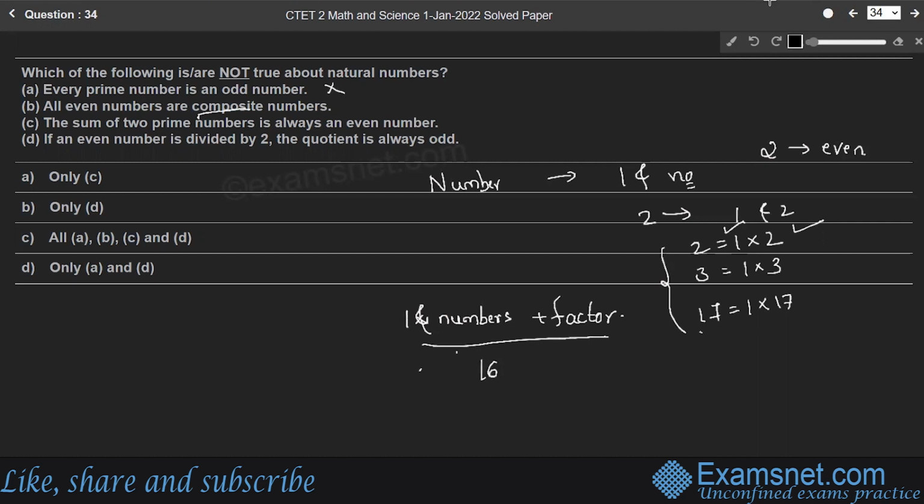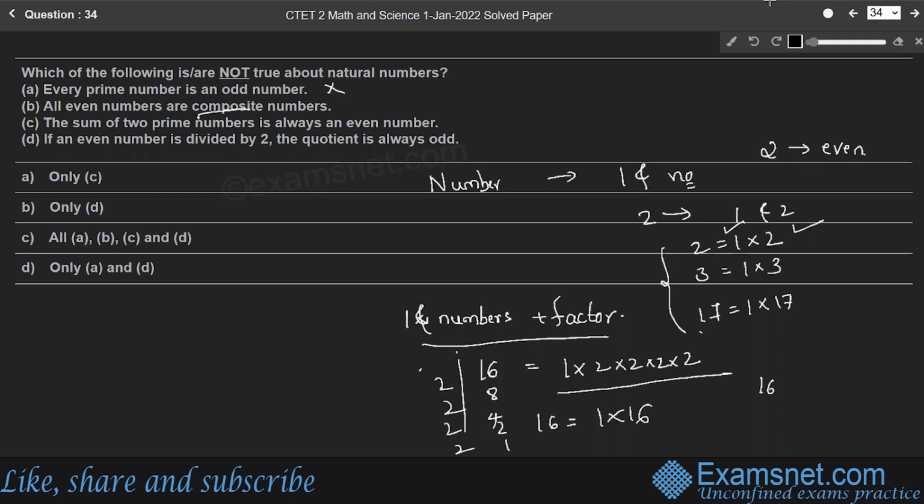16 if you take. So they have the factors 1, 2, so they have the factors 1 into 2 into 2 into 2 into 2. These are the factors of 16. Okay. So apart, you can write 16 as 1 into 16.